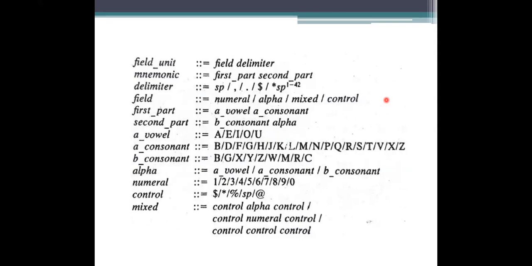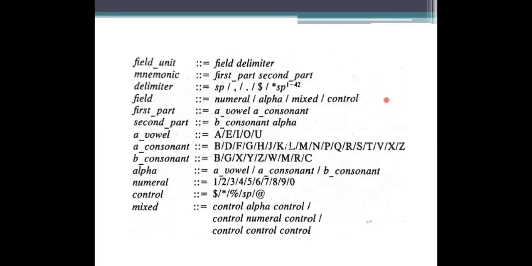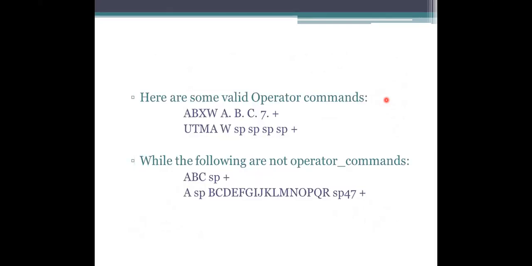And then next, coming to the next validation after that, we are using A dot, B dot, C dot, 7 dot. So A, B, C, 7 are the field units. What is a field unit? A field unit can be a field or a delimiter. What is a field again? It can be a numeral, an alphabet, a mixed one, or a control. So all these come under the field. So A, B, C, 7, and along with this we use another field and then a delimiter.